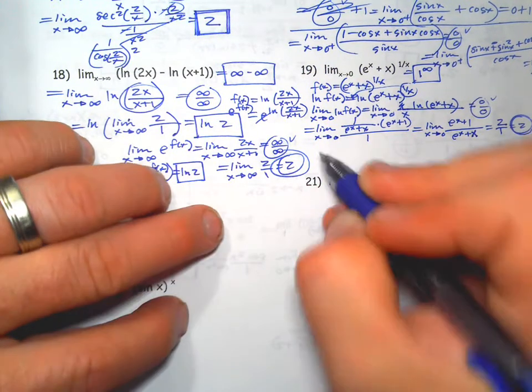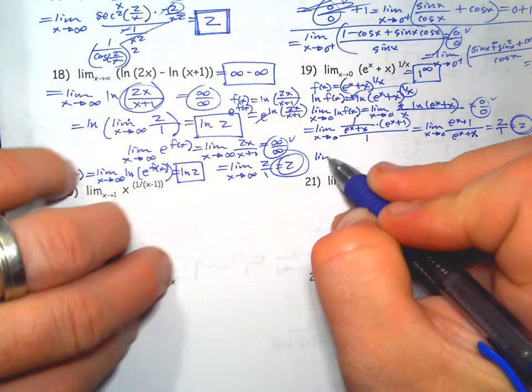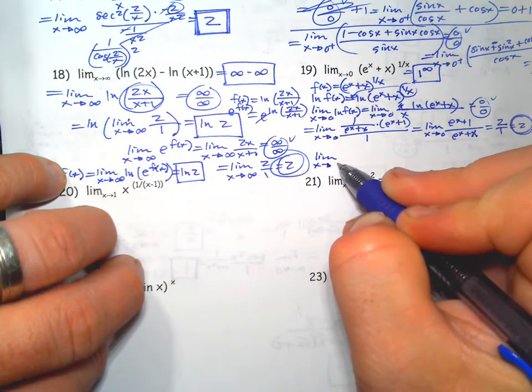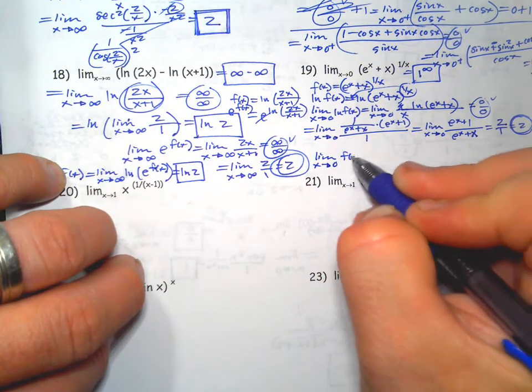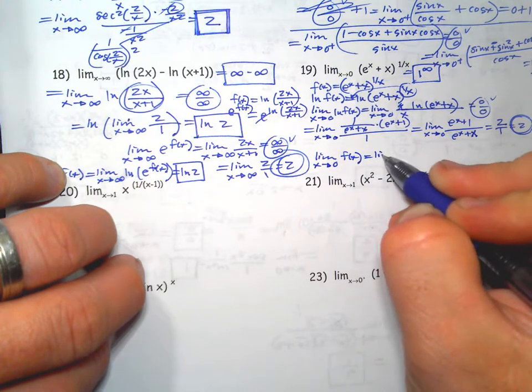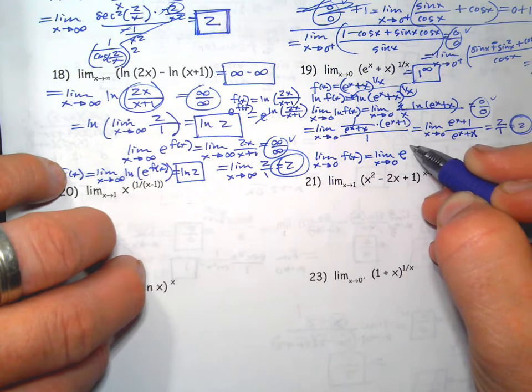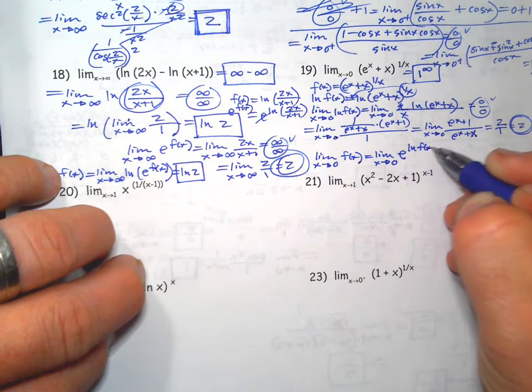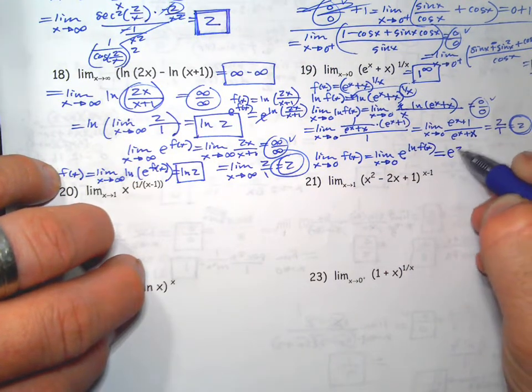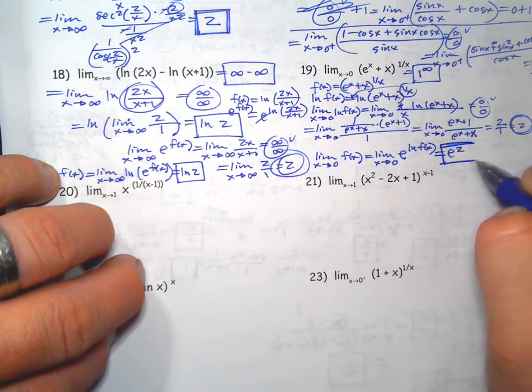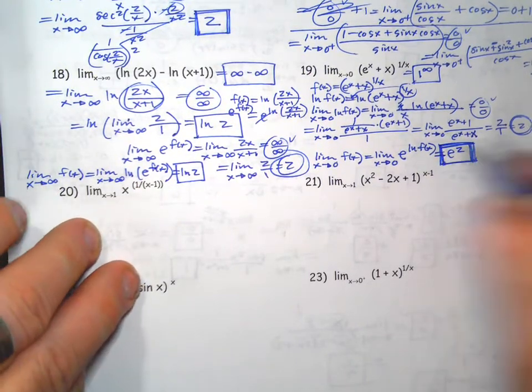Now we've got to re-exponentiate it because we want the limit of the original function. So we need to take e to the natural log of the function, which is what we just found. So it's going to be e to the 2, e squared. Don't forget to do that.